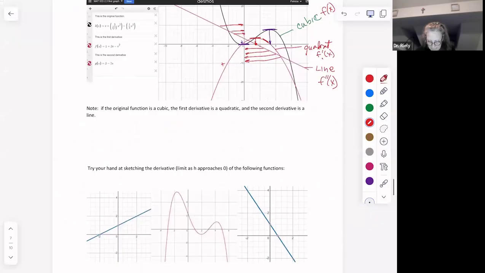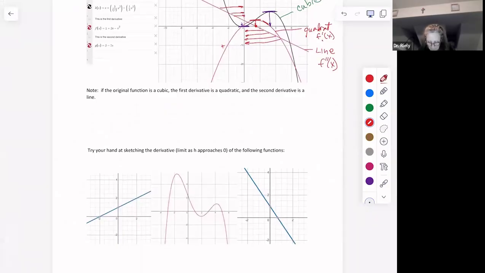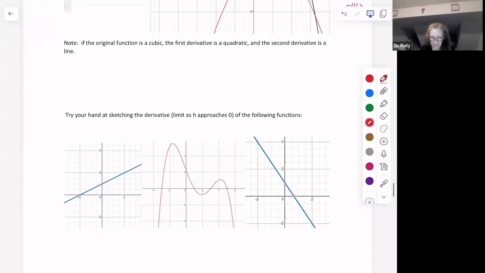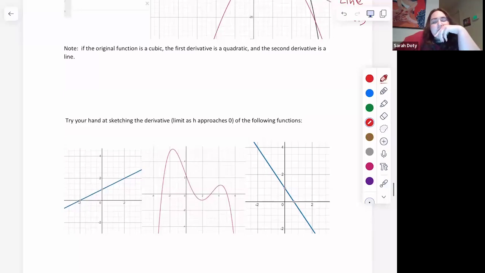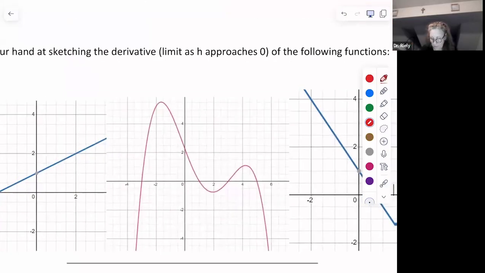Okay, so look at these. If you try to hand sketch, when you do the first one and the third one, that slope is a constant number. No big deal. Can you try to do the first derivative of that function?